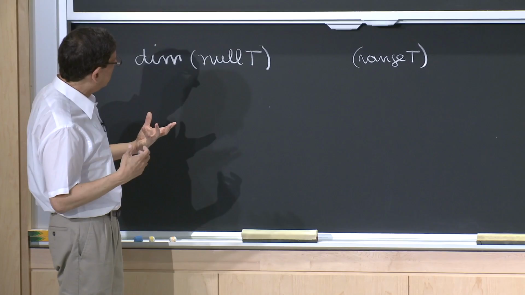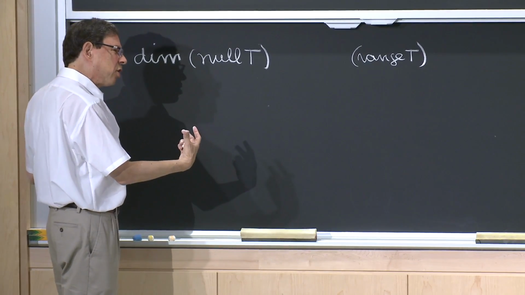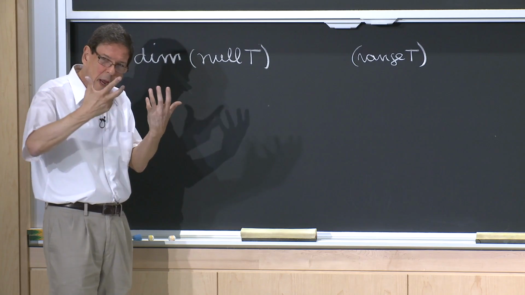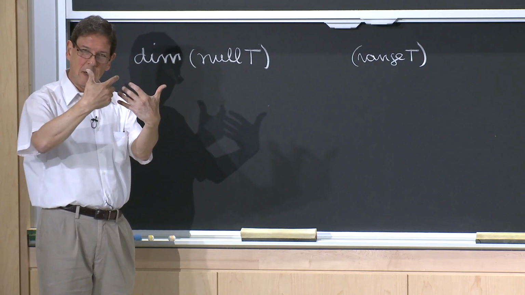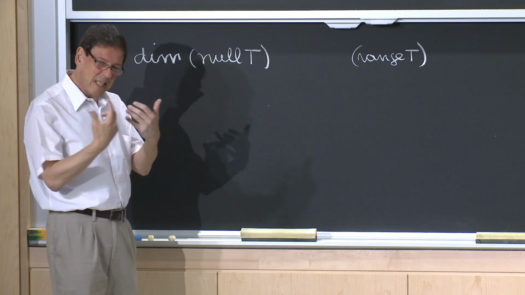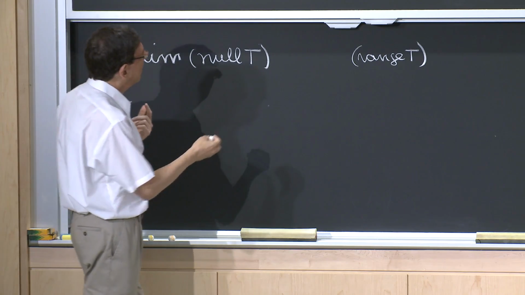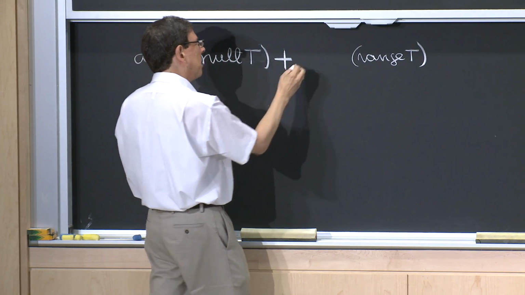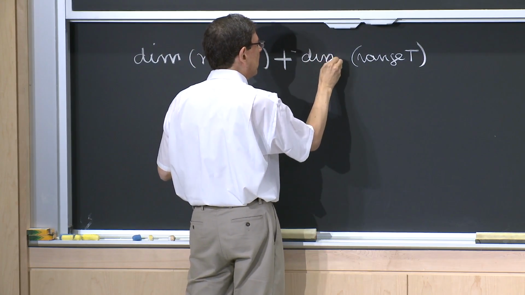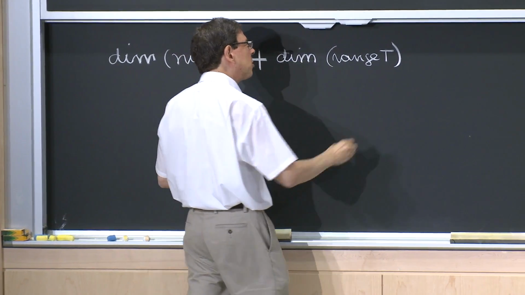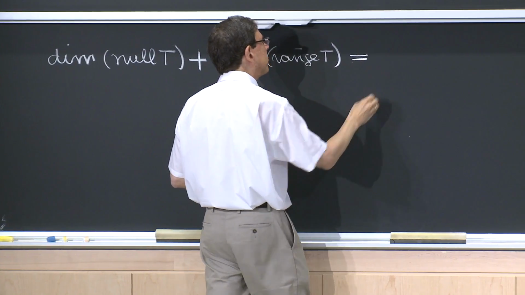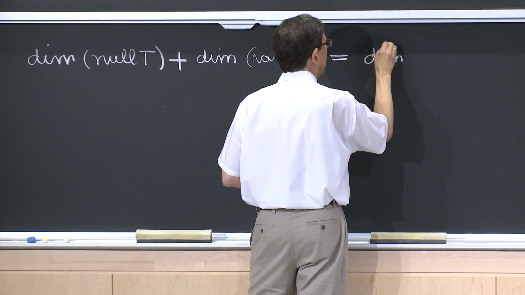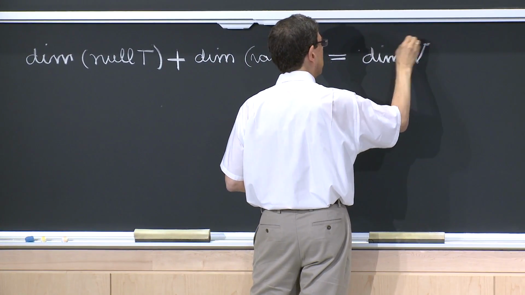Well, the null space and the range, in some strange way, complement each other. It's a little strange, as you will see. But here it is, the dimension of the null plus the dimension of the range add up to the dimension of the vector space that you started with.